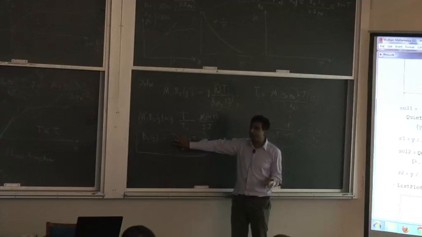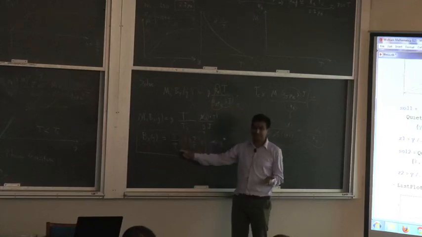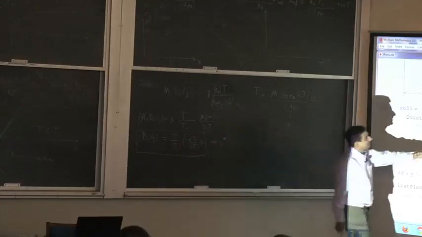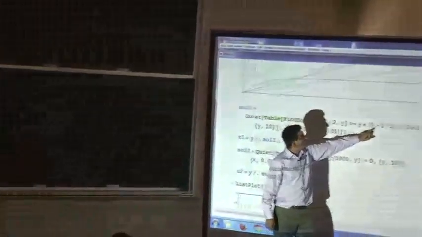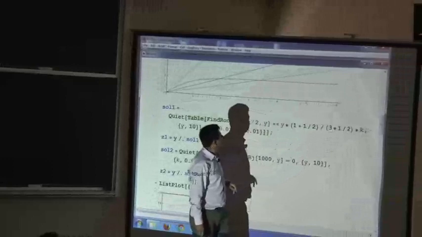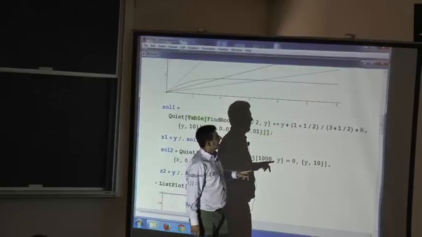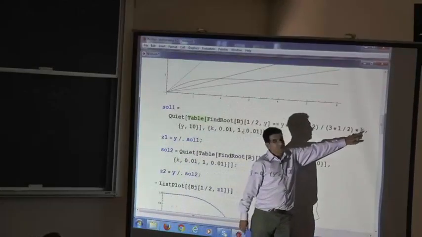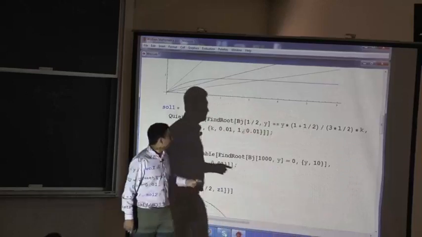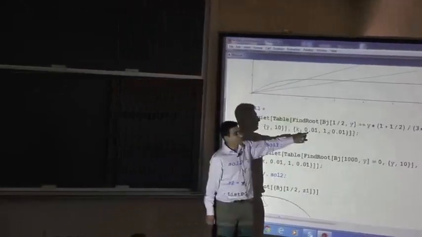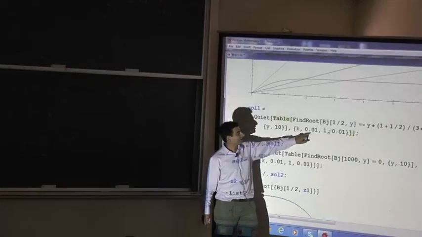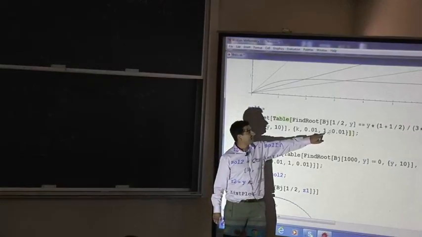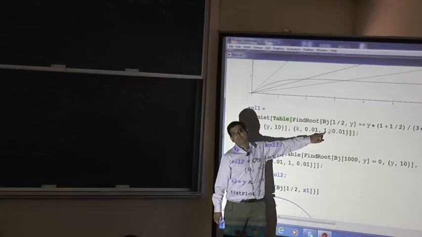So I'm finding y as a function of T over Tc, which is the ratio of the Curie point. So this is the right hand side, y (1 plus j) over 3j. This is the ratio T over Tc, K, and I'm varying K from 0.01, which is very low temperatures, to the Curie point itself.